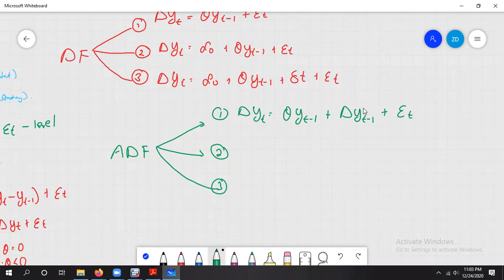And of course we can also put so many other distributed lags in this model.